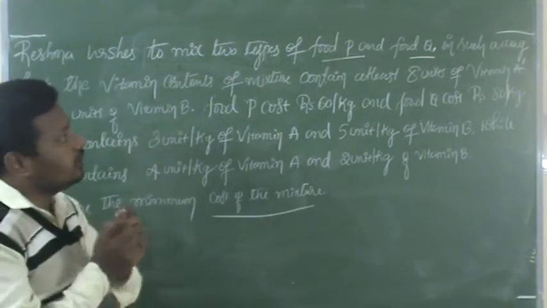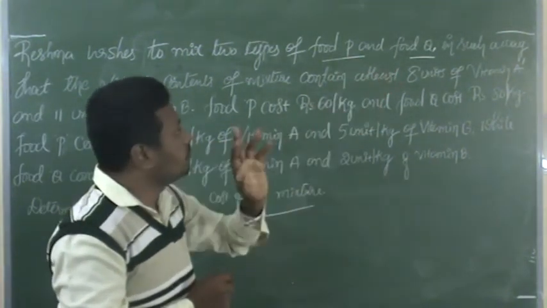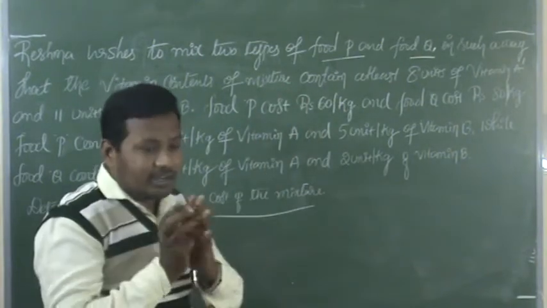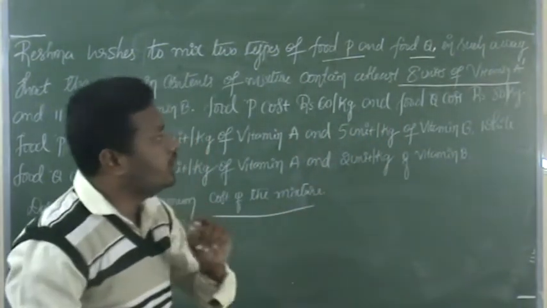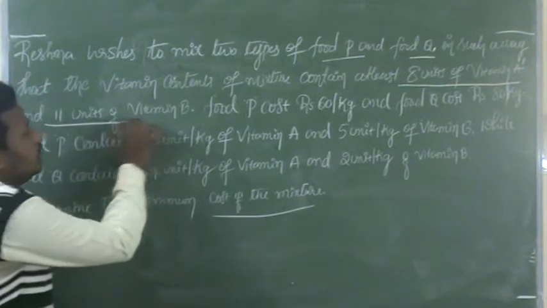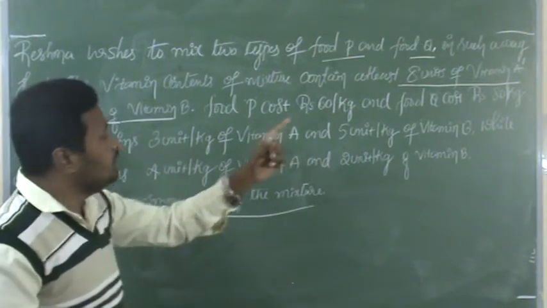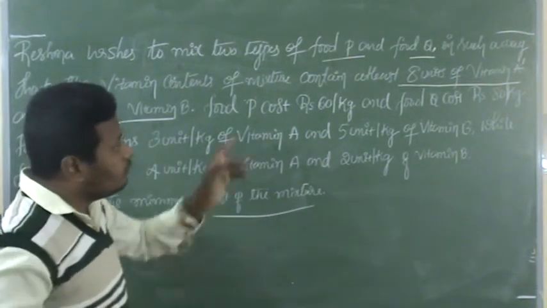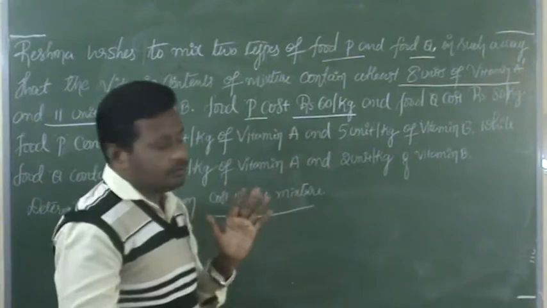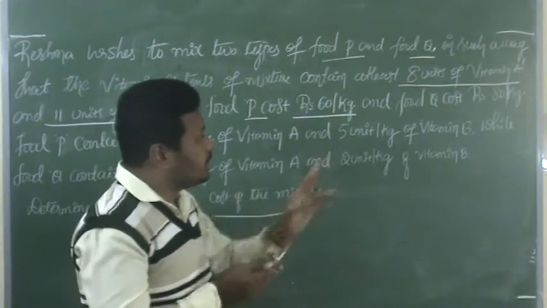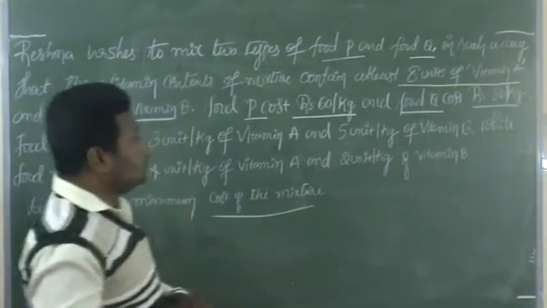Here two types of foods are there, that is P and Q. The mixture of P and Q has at least 8 units of vitamin A and 11 units of vitamin B. And here food P costs rupees 60 per kg and food Q costs rupees 80 per kg.